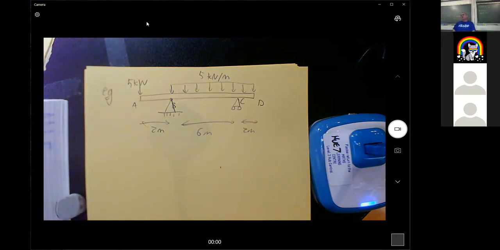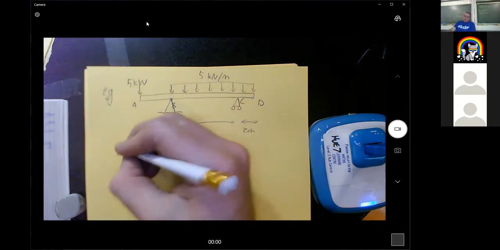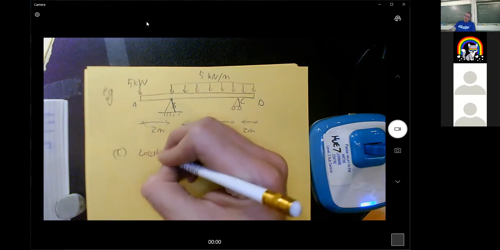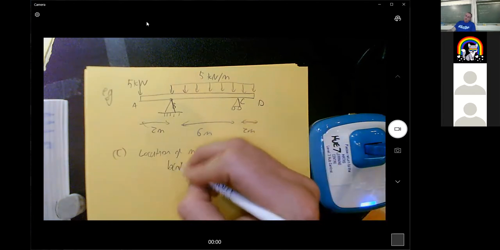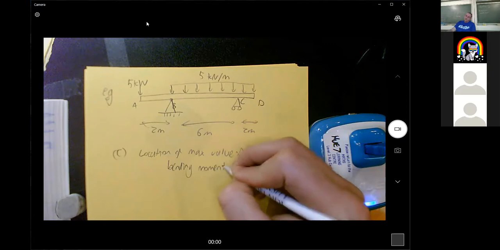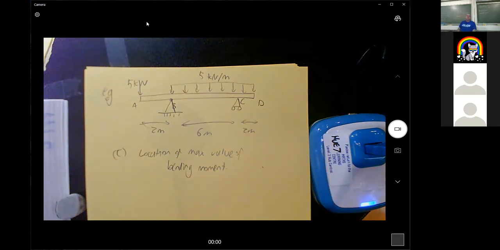So for part C, the maximum value of a bending moment would be, I would need to know what the bending moment was at every position in order to know what the maximum was. But doesn't the maximum value of the bending moment happen at the position where the shear force is 0?